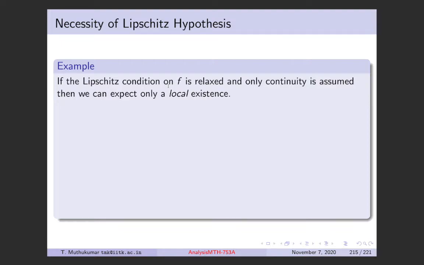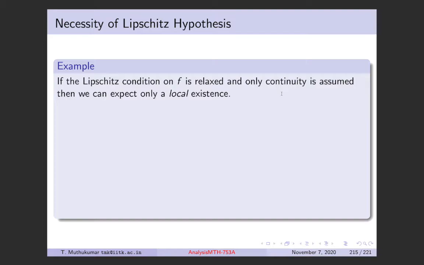Whenever the data is Lipschitz in the second argument is only when you have a unique solution existing. So can we do it in a much more general class? These are natural questions. So can we relax the Lipschitz condition on f and assume, say, only continuity?